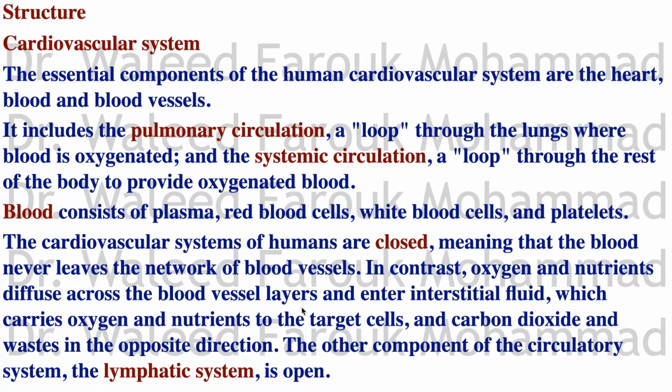So the lymphatic system collects from the interstitial fluid that's outside the network of blood vessels, so that's why it's called an open system. The cardiovascular system is a closed system, while the lymphatic system is an open system.